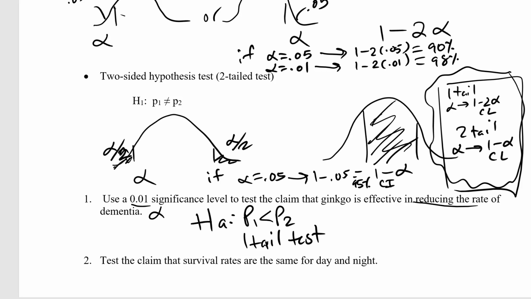So what confidence level would relate to this? Well, one tail said 1 minus 2 alpha. 1 minus 2 times 0.01. 1 minus 0.02. This would be a 98% confidence level.